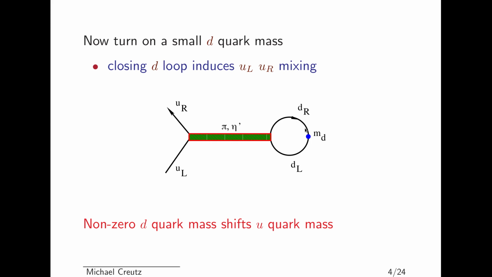And then you can close this down loop on this side with a mass term, because the mass term connects left and right. So we get a process here where you can turn a left-handed up quark into a right-handed up quark. What changes a left-handed quark into a right-handed quark is a mass. So it is, in essence, a non-zero down quark mass can shift the up quark mass.